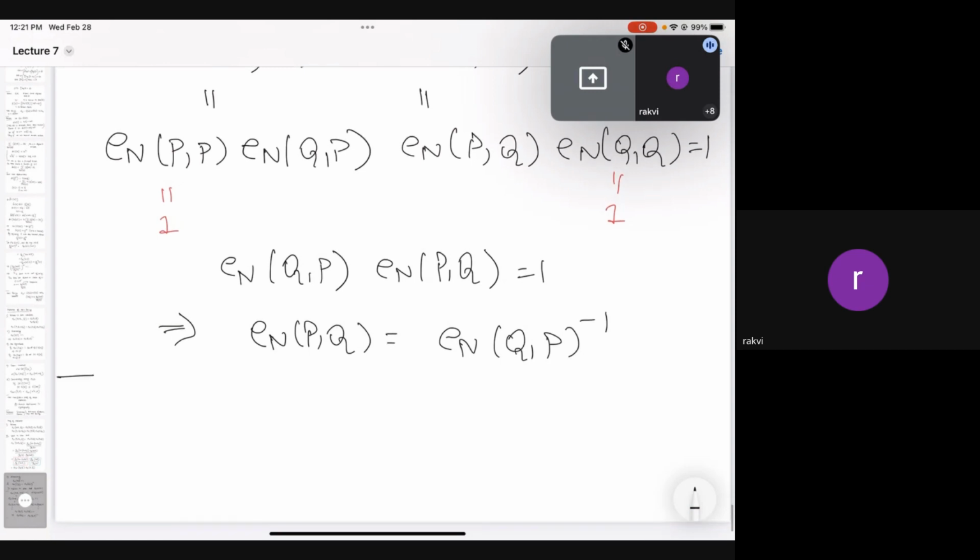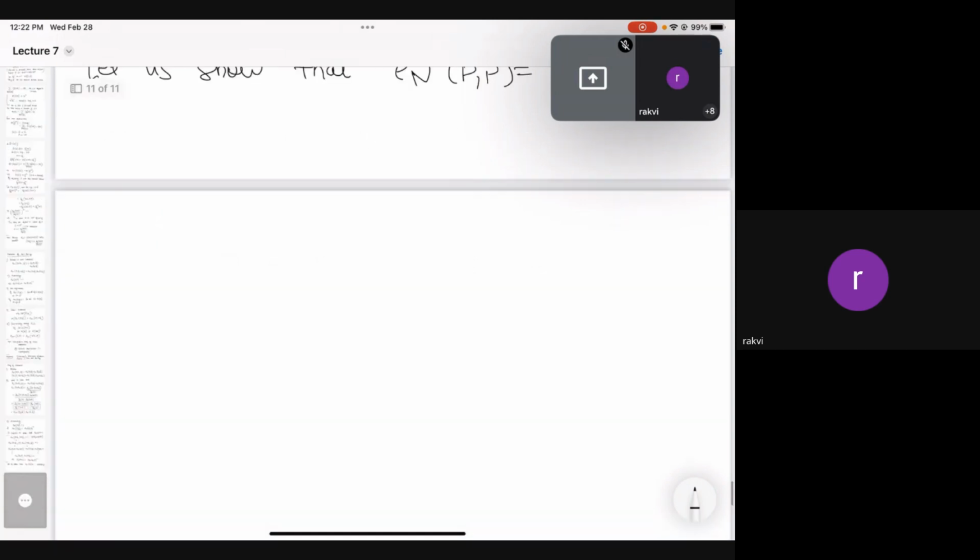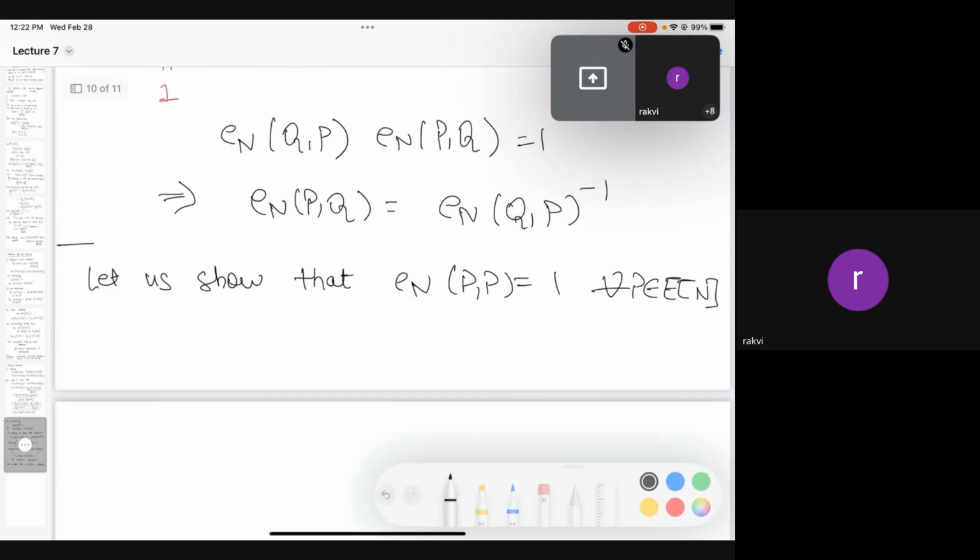So now let us show that En of p comma p is equal to 1 for all p. Let me just write q instead, it doesn't matter, but just to make sure I don't goof up while writing it, because G always has q in its subscript.